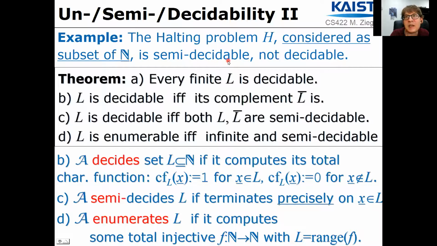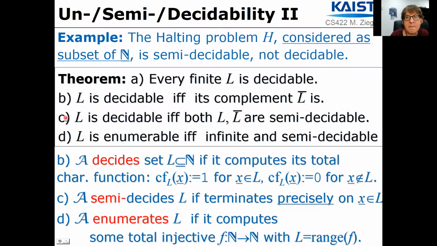But the question was for a problem which is not even semi-decidable. And indeed, the complement of the halting problem is such a problem. That follows from item C of the theorem.